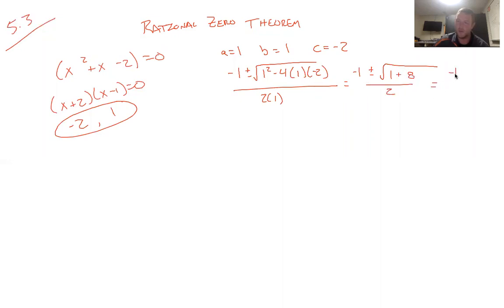Keep going, -1 plus or minus radical 9 over 2, which would equal -1 plus or minus 3 over 2, which would be -1 plus 3 divided by 2, and -1 minus 3 over 2. So that would be 2 over 2, and this would be -4 over 2, which would equal 1 and -2.